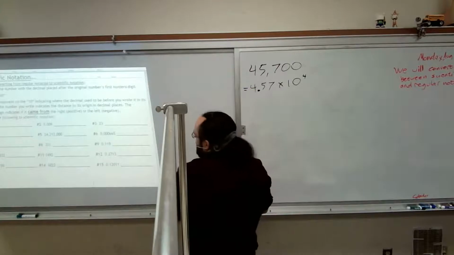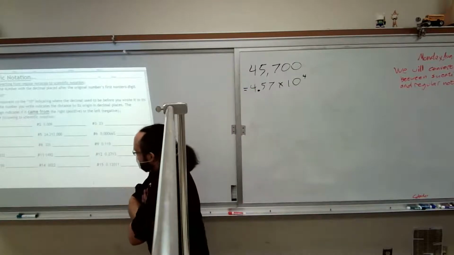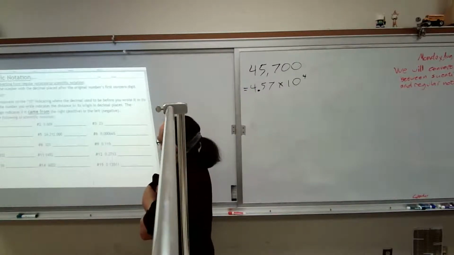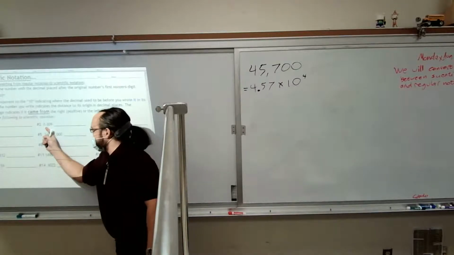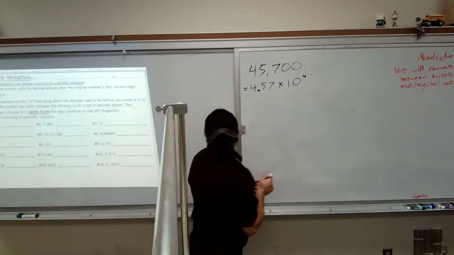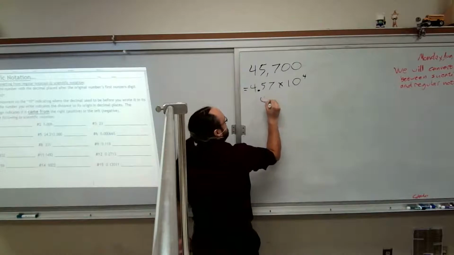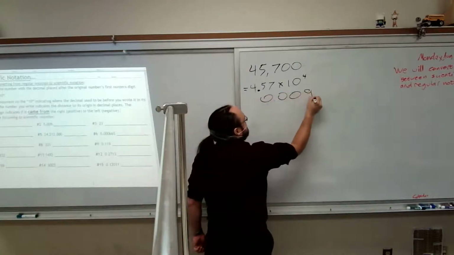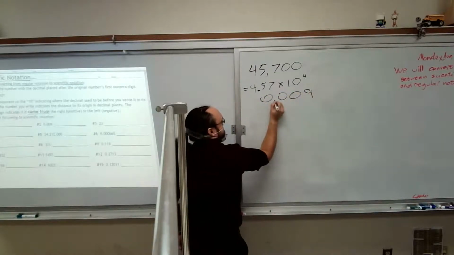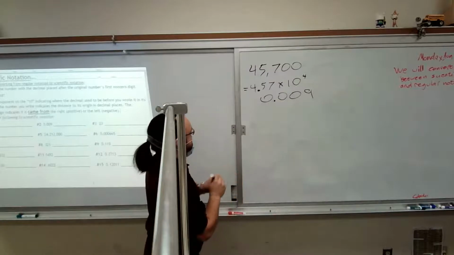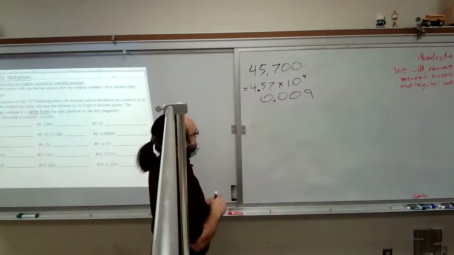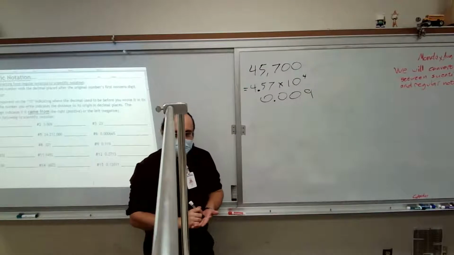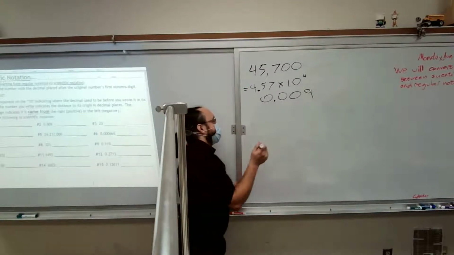Let's do another example. Let's do number 2: 0.009. There's the decimals, in case you can't see it. First up, put the decimal after the first non-zero number, which is 9.